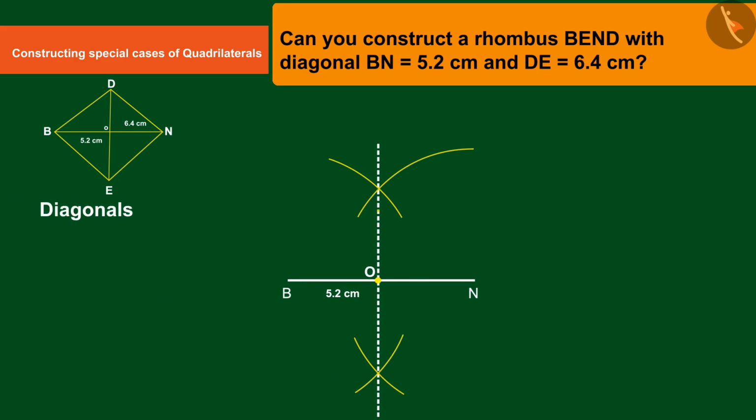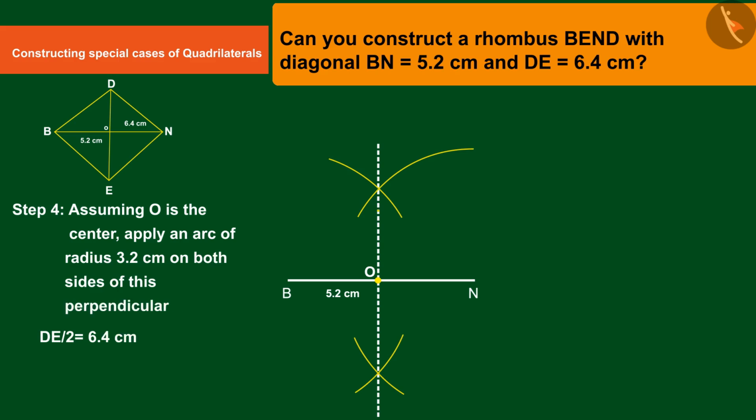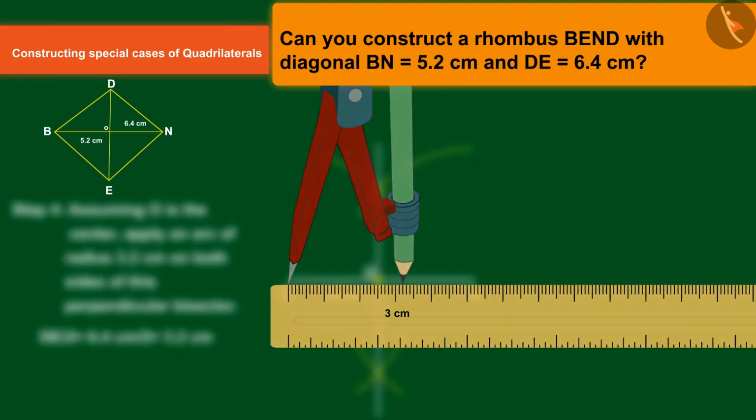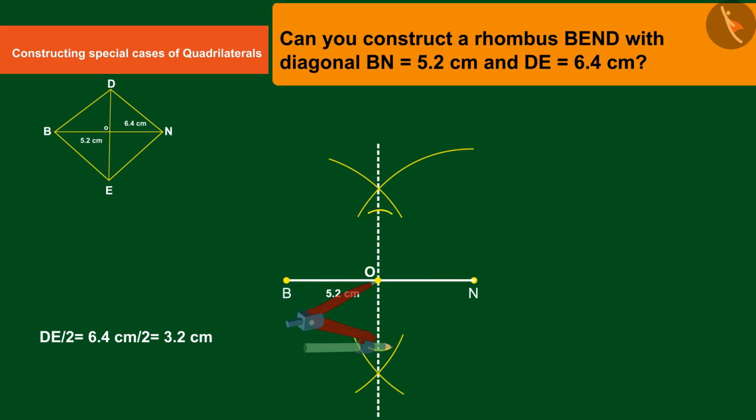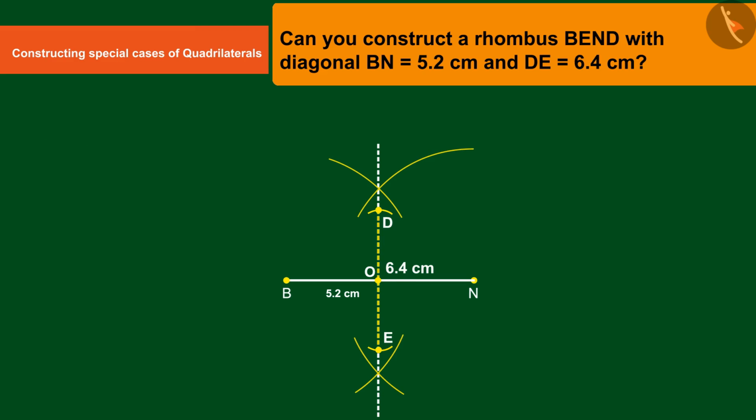Since the diagonals bisect each other, we draw an arc on both sides of the perpendicular bisector on BN, taking O as the center and half of DE, 3.2 centimeters, as the radius, which intersects it at points E and D. Thus, we get diagonal DE equal to 6.4 centimeters.